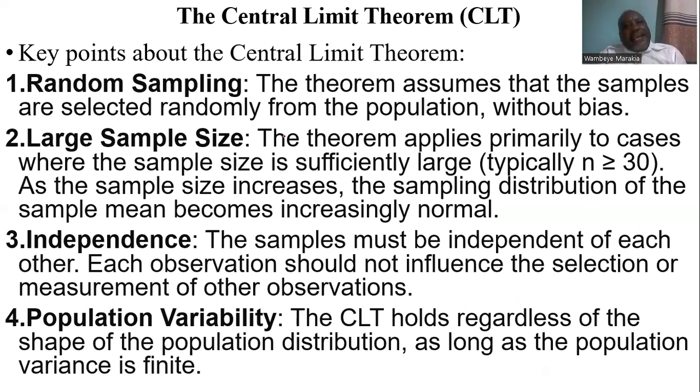As we are sampling from the main population, the samples are randomly selected from the population. We are not biased, following a criterion like purposive sampling, saying these are the individuals we are going to measure their heights. No.